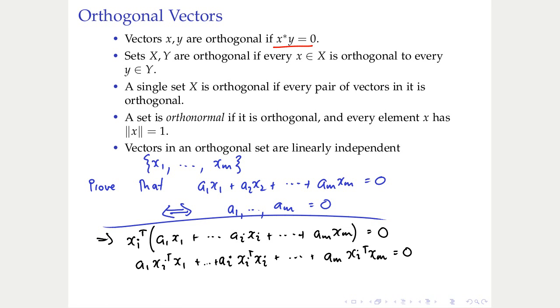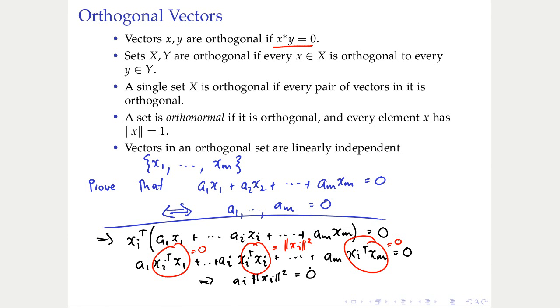Now we know that our set is orthogonal, so this here is 0, this here is 0. In fact, all of these terms are 0, apart from this one, and that one there is just the norm of xi squared, or the Euclidean length squared. So this means that ai times the length of xi squared equals 0.